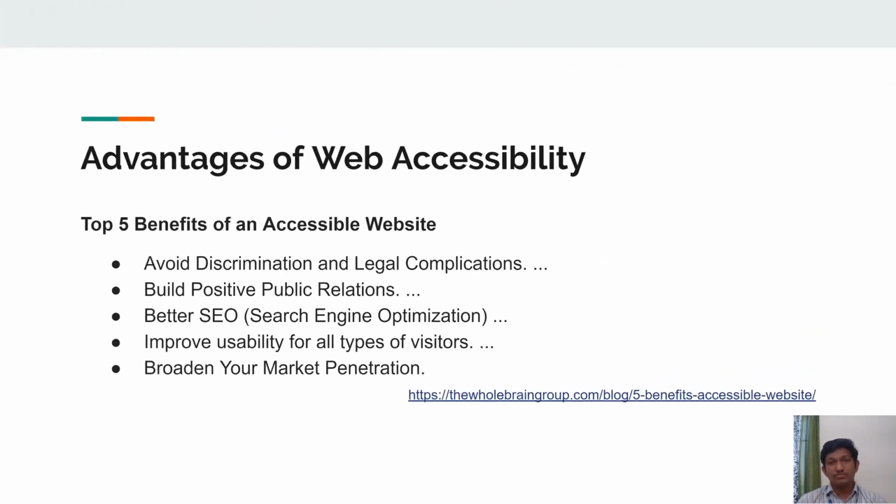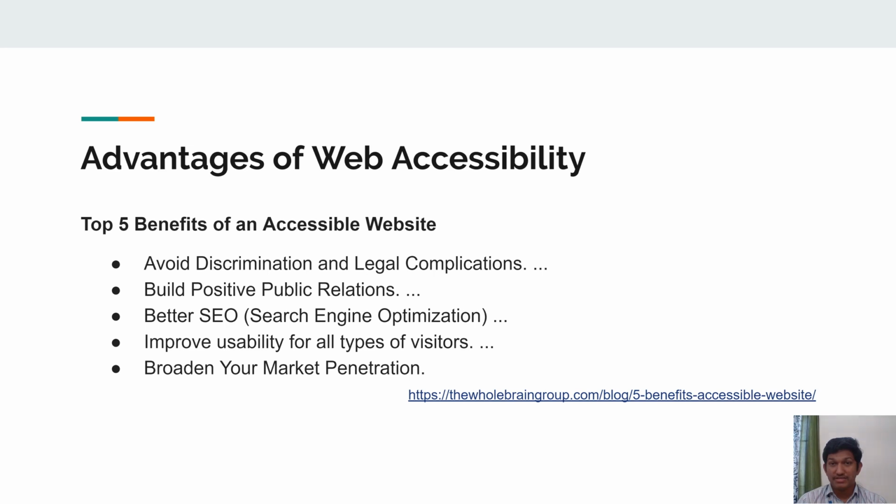There are a lot of advantages to web accessibility. The top 5 advantages we got from wholebraingroup.com: it avoids discrimination and legal complications. For example, if a website does not have alternative text for any image, it is considered discrimination, as the website is designed only for people who see well. It does not feel good for a visually impaired person. Such discrimination can be avoided, and it builds positive public relations.